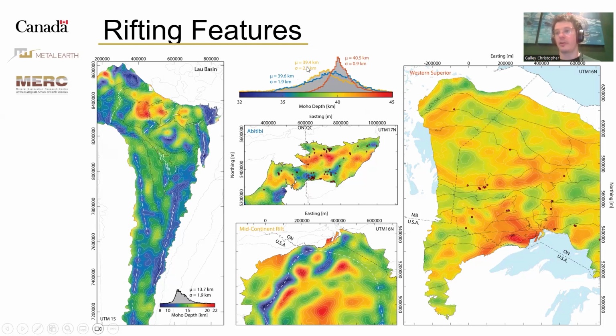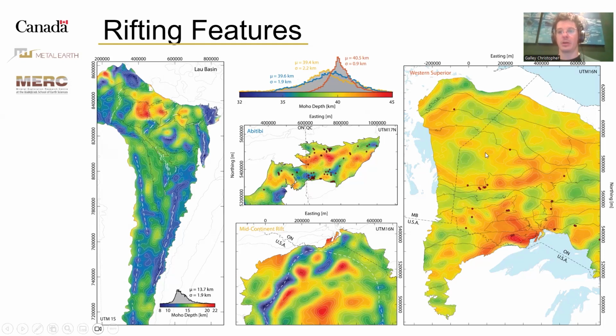You see a very similar amount of variance, a similar standard deviation in the Moho depth, to the Lao Basin. And then looking into the Abitibi, where we propose there was rifting along these shallowing Moho centers, this is the blue histogram. Again, about 2 kilometers in standard deviation, very similar variance.